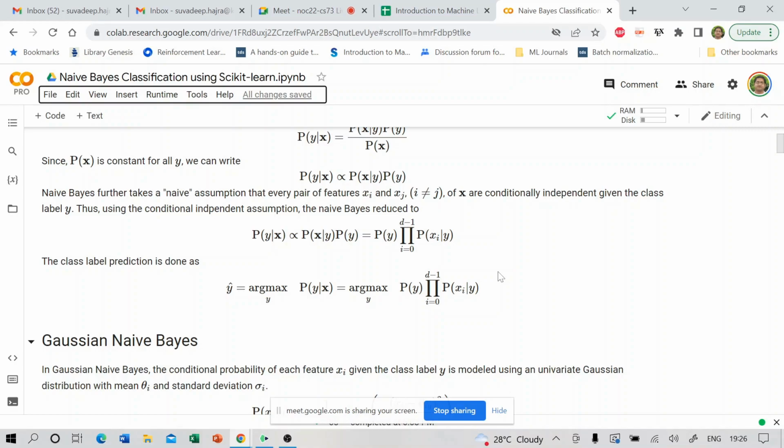For class 1, maybe one distribution, and class 2 the other. No, but we are taking the naive Bayes assumption, so we need a different distribution for each of the features also. So how many total distributions do we need?